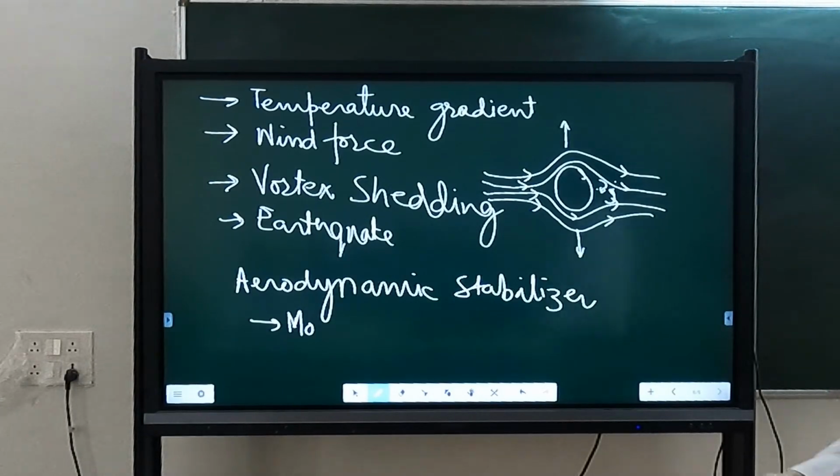To avoid that, you have to either change the stiffness of the chimney so that the period changes, or you change the frequency of this vortex shedding. Somehow disturb this vortex shedding.